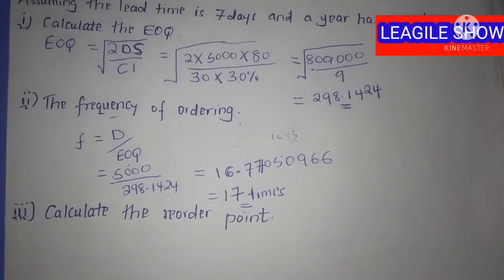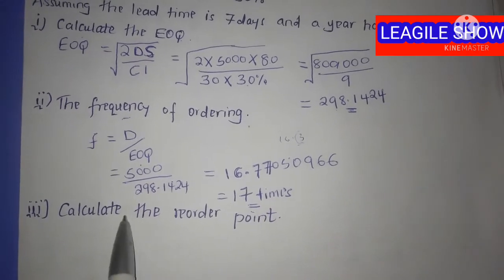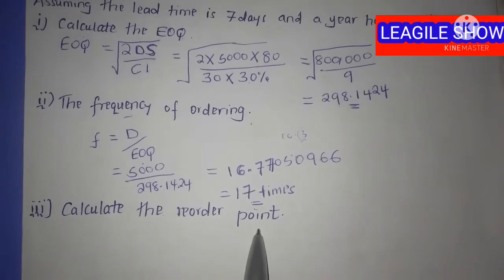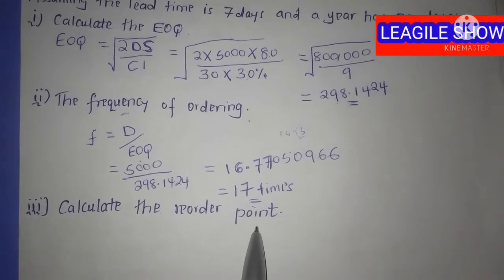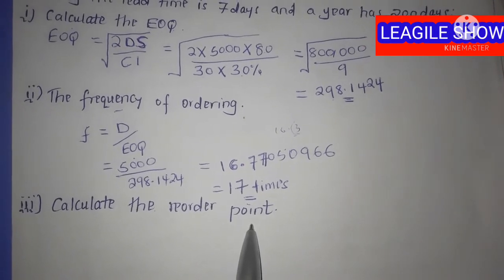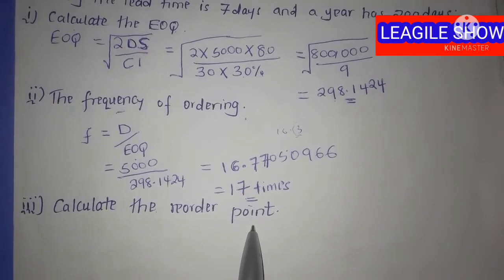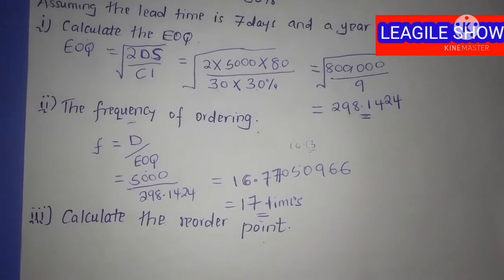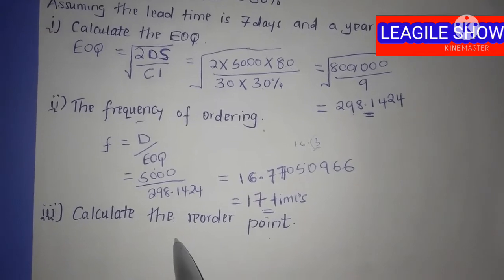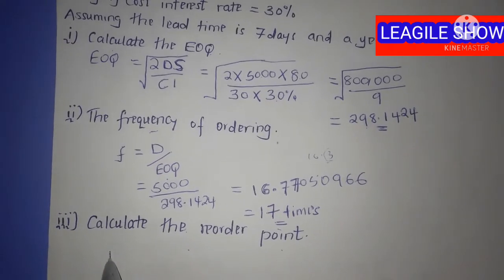Now to the third part of this question. Calculate the reorder level. How can we calculate the reorder level? To get the reorder level we have to find the value of the daily usage. And how will you get the daily usage?